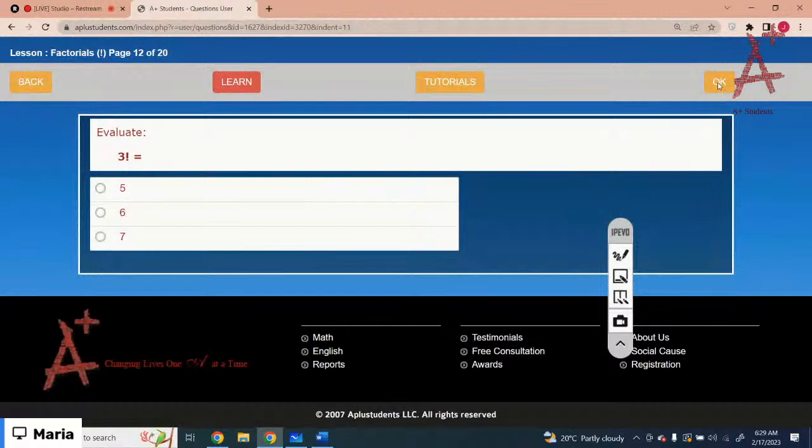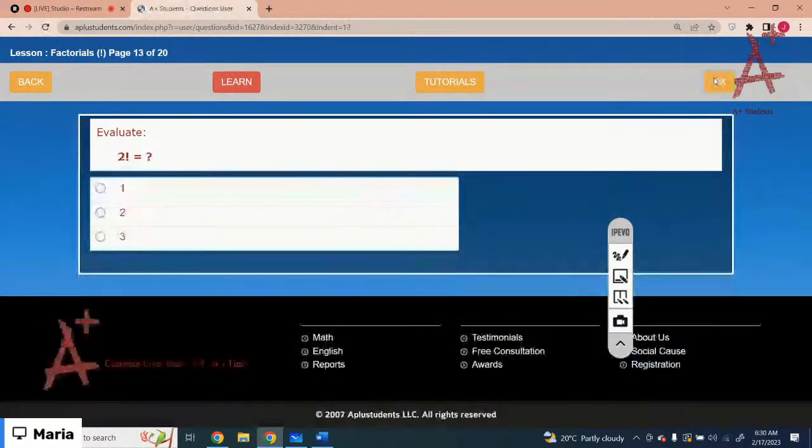Okay, the next one is 3 factorial. 3 factorial is, yes, it is 6. 3 times 2 is 6.